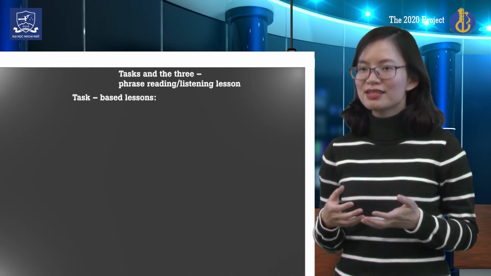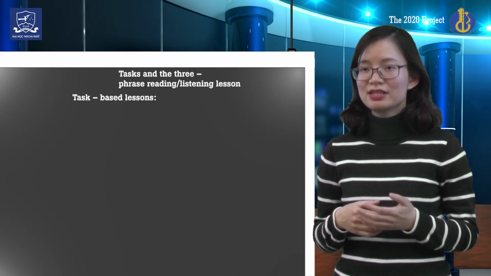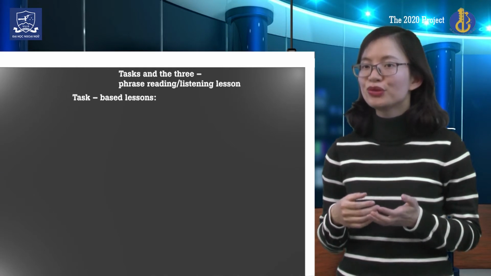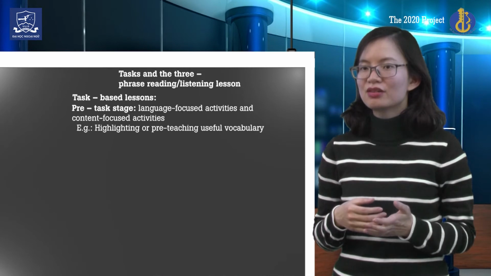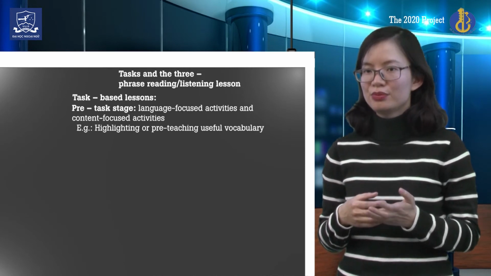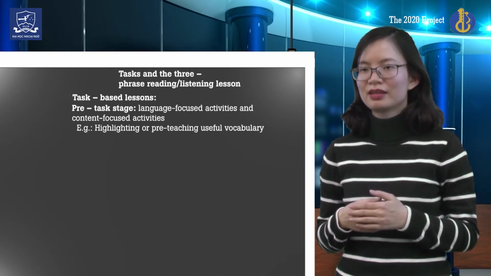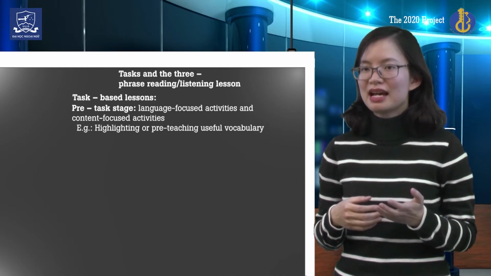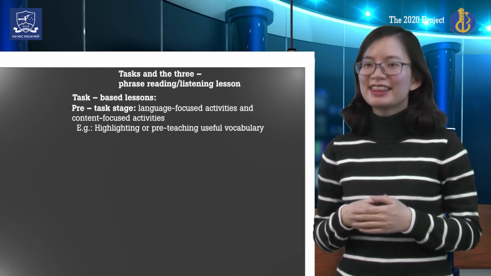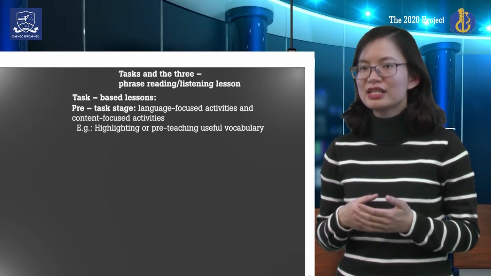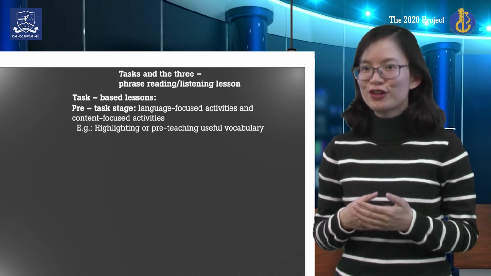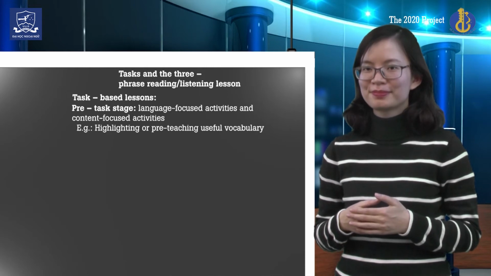Lessons or sequences of lessons have been described in terms of three phases. These three phases reflect a chronological order in which they occur. The first phase is the pre-task stage. This stage includes the range of activities that teachers and students can do before they begin the task.